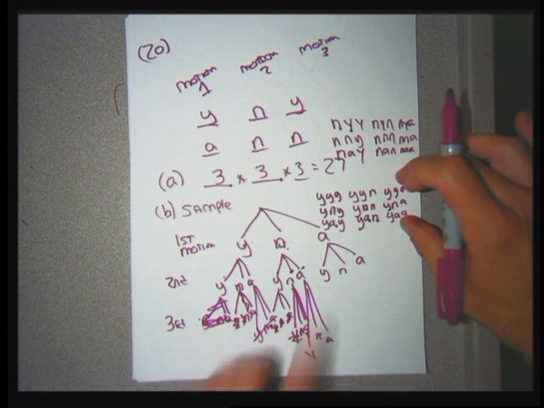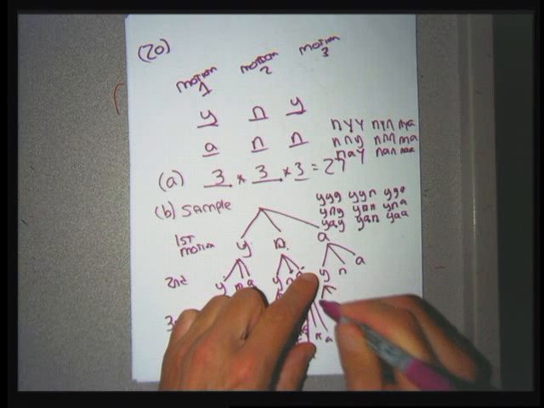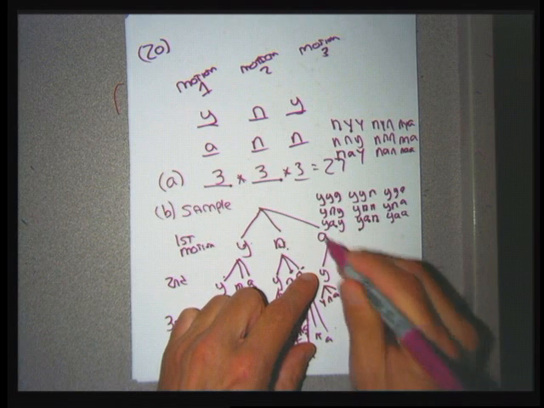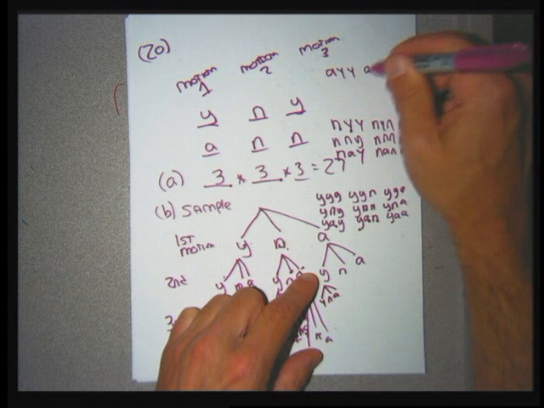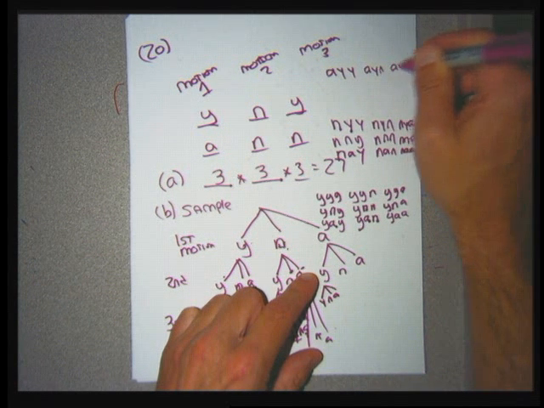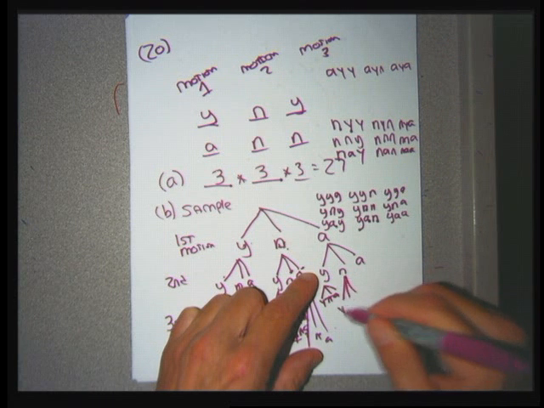I have 18. I'm going to go for this, A, Y, and then yes, no, abstain. So this is going to be A, Y, Y, A, Y, N, A, Y, A. And then for this, yes, no, abstain.